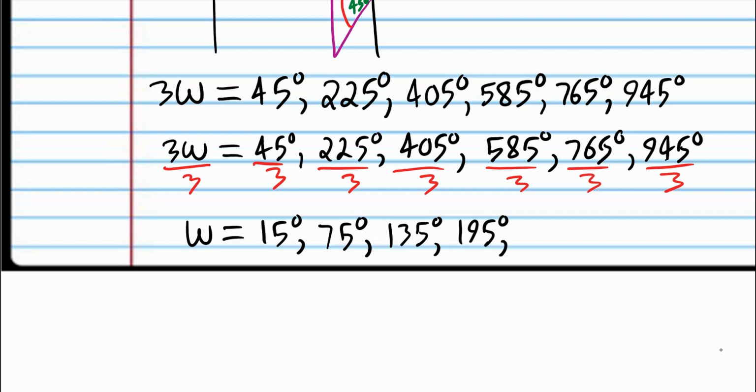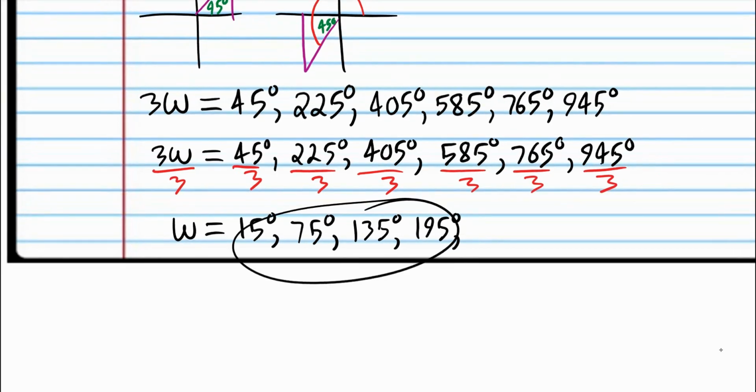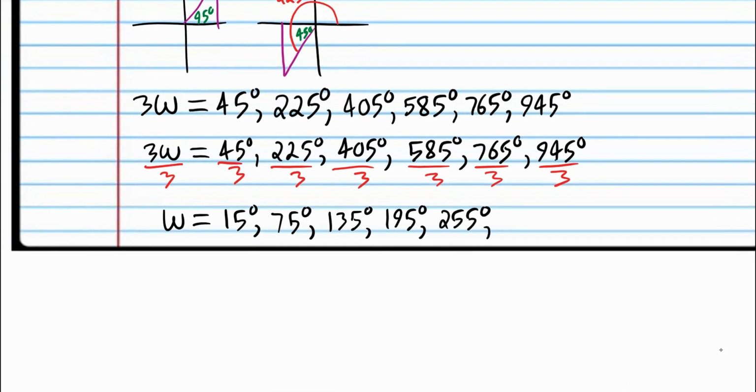So you can see all these numbers so far are between 0 and 360. 765 divided by 3 is 255. And 945 divided by 3 is 315.